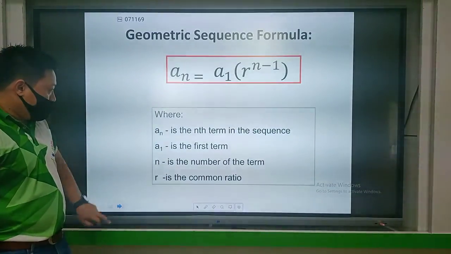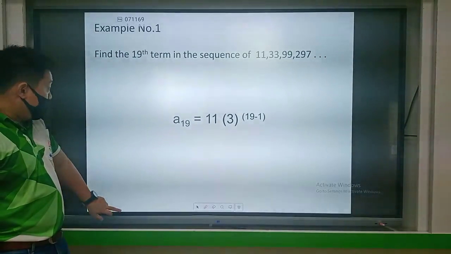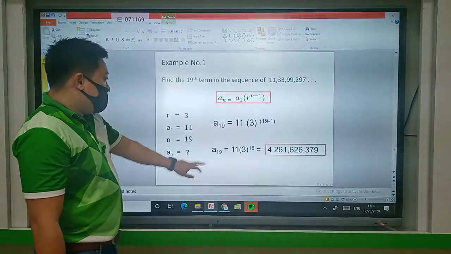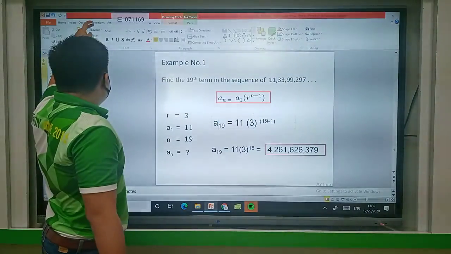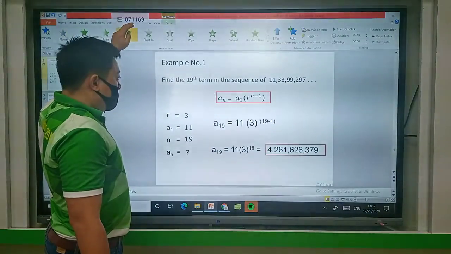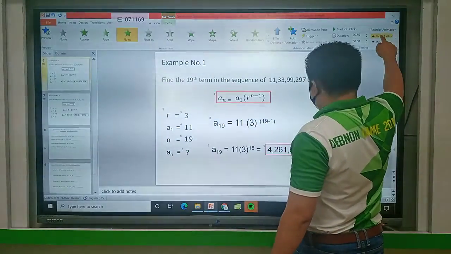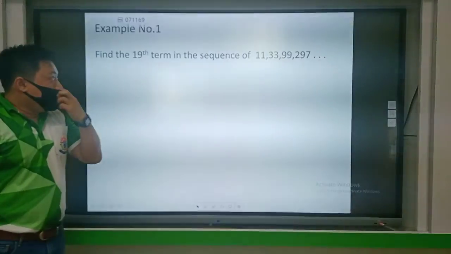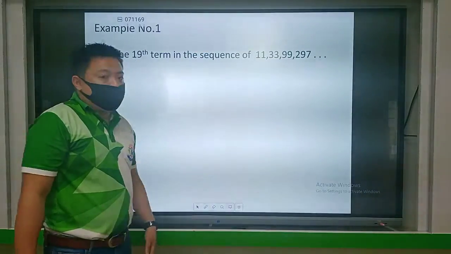Okay, so let's try to use this in this example. The 19th term in the sequence 11, 33, 99, 297.